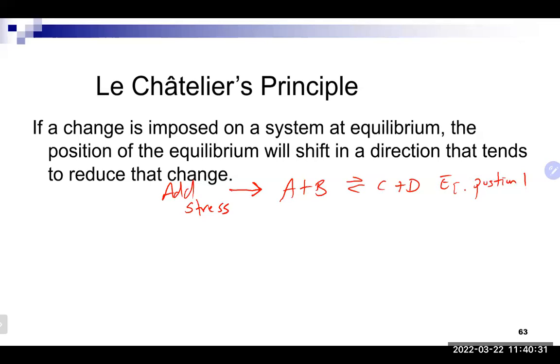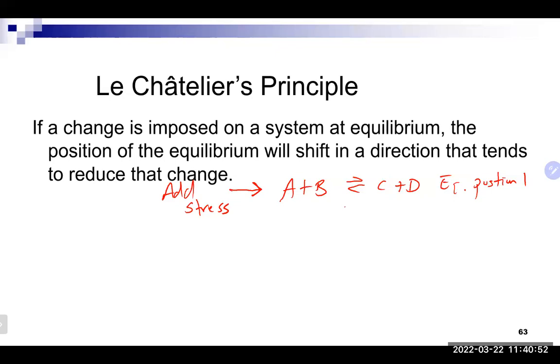When we add some type of stress to the system that's at equilibrium, which, as we've talked about a number of times, basically means that the rate of the forward direction equals the rate of the reverse direction, that is going to mess up the equilibrium.